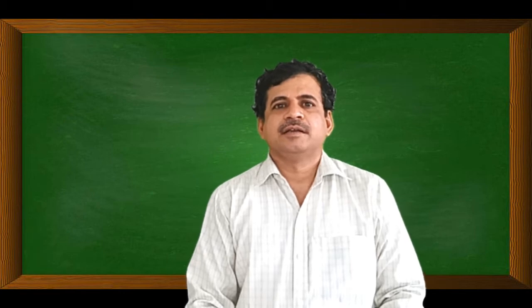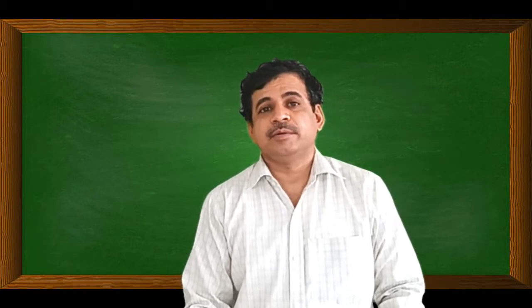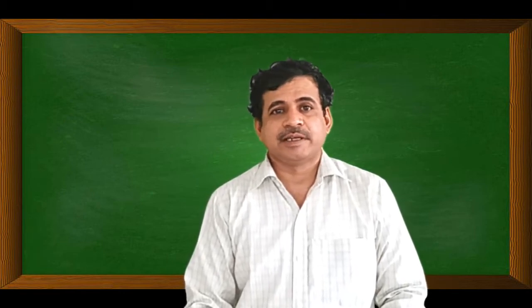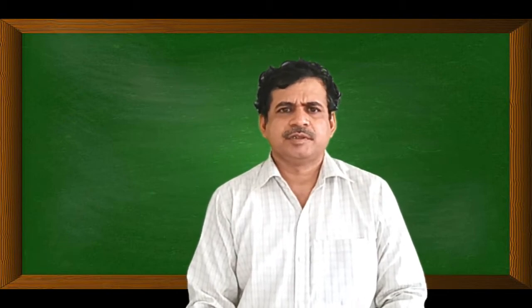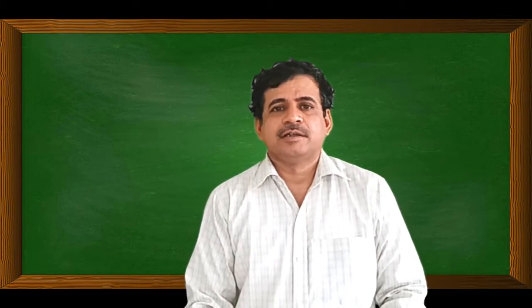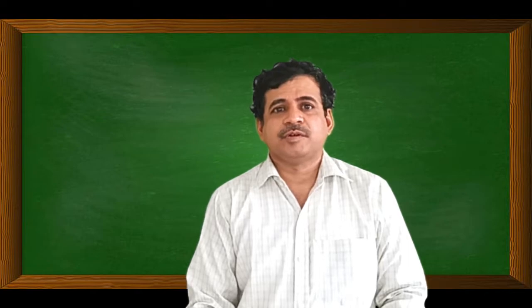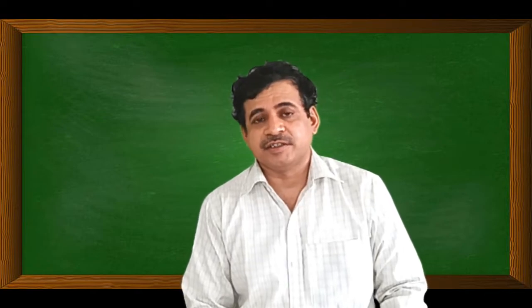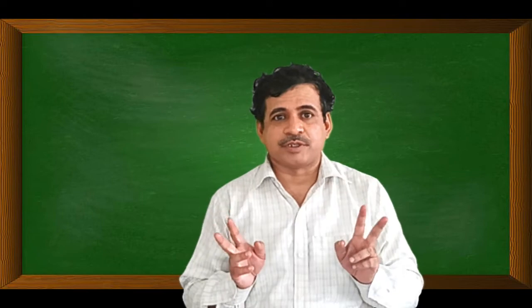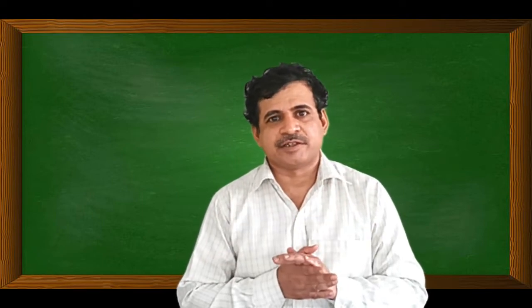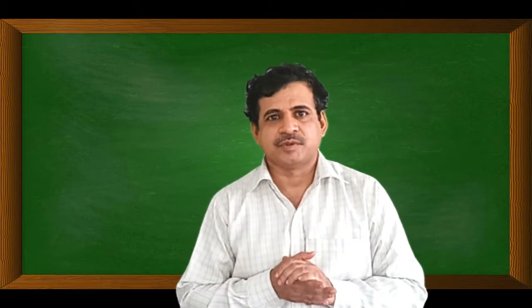Welcome back. So far we have seen the mathematical modeling of electrical and mechanical systems. So today we start the concept of system representation through two different approaches called block diagram representation and signal flow graph.